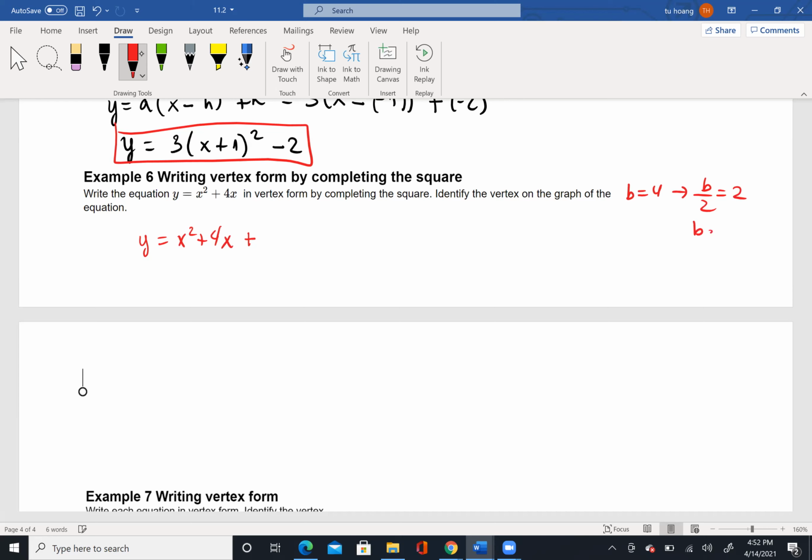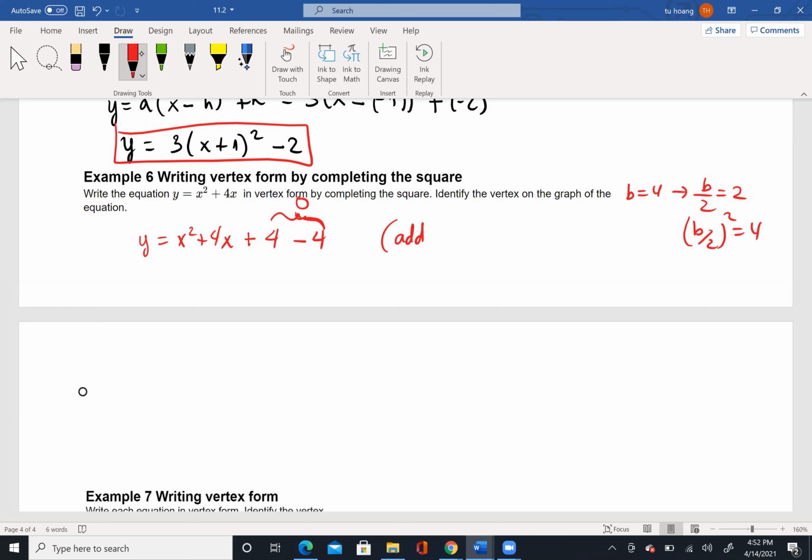And (b over 2) squared is 4. Okay, so I add (b over 2) squared, which is 4, and then subtract 4, right? Because you add something and subtract the same thing, it will not change. This is just 0, see that?